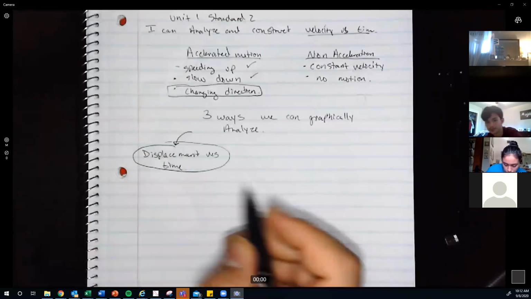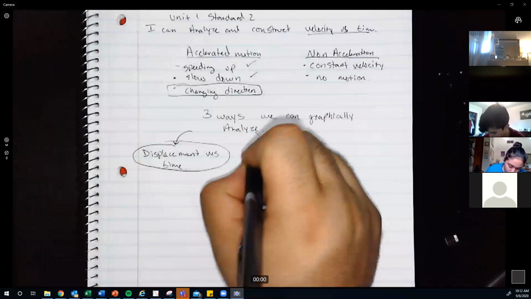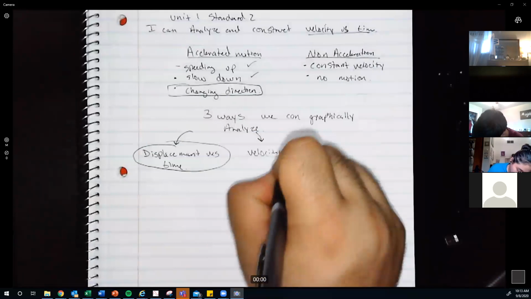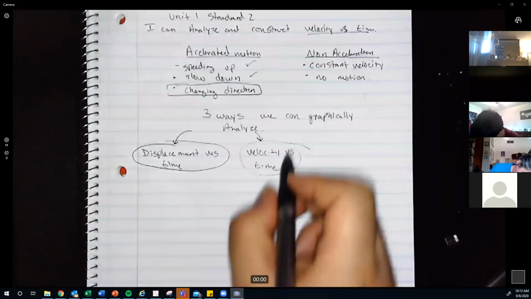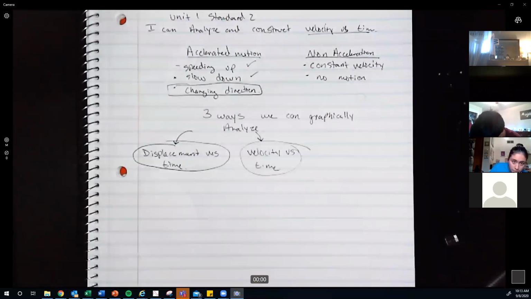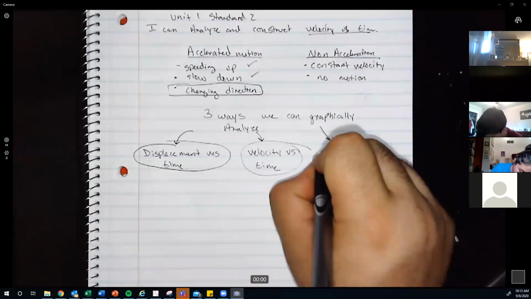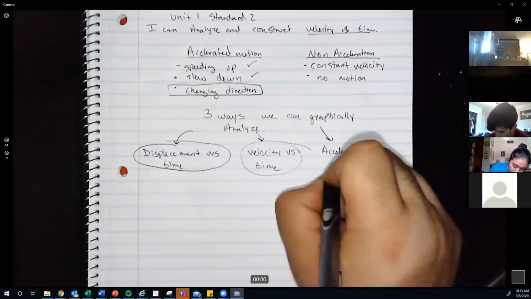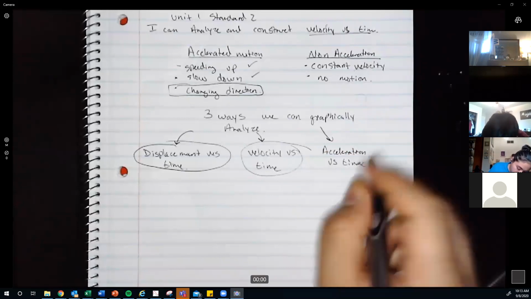The second way is a velocity versus time graph. That's the second way you can analyze this. And then the last way is if we use an acceleration versus time graph.